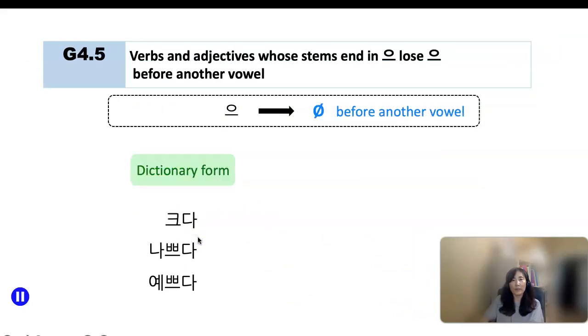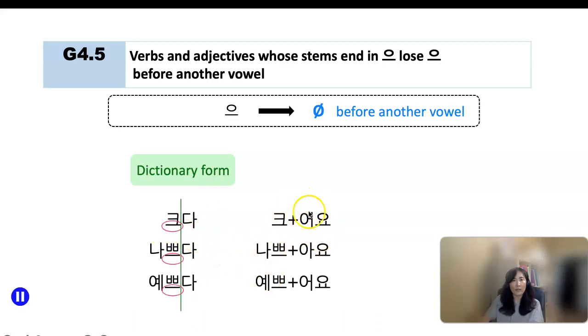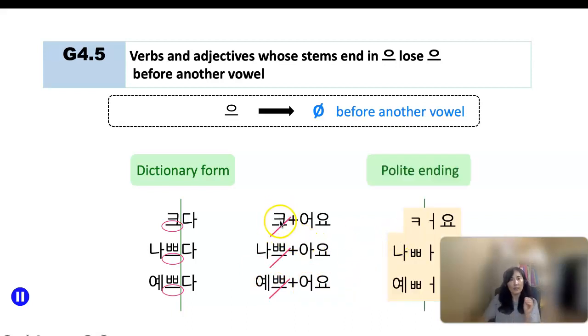And you'll see some adjectives whose stem ends with u, like 크다, to be big, 나쁘다, to be bad, 예쁘다, to be pretty. 크다 combines with 어요 because it's a dark vowel. For 나쁘다, you go to the previous sound, which is a bright vowel, so you combine 아요. Then what happens is you just remove the u, so-called irregular.